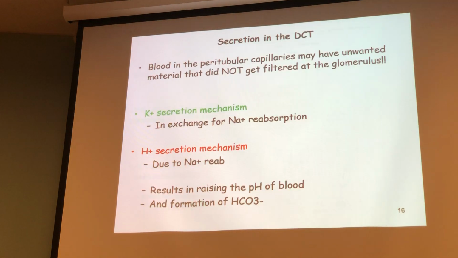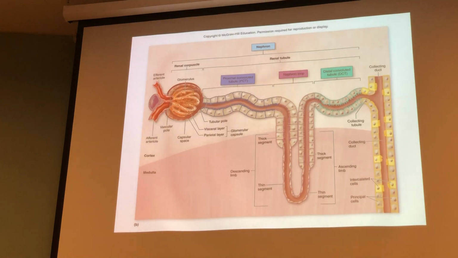It is. There we go. Every now and then you have one with microvilli. Those are your intercalated A's and B's, right? And these could be your principal cells, the ones that have the yellow borders. And they're interspersed between the collecting duct cells. You'll have normal cells, you'll have intercalated cells, you have principal cells. And they start here at the collecting tubule and go down the duct and such.